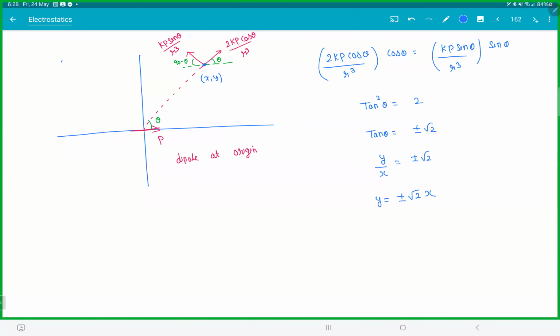So basically we have two lines like this. So this line and this line. Any point on this line, the field will be in the vertical direction. One is plus j cap and one is minus j cap. Clear? Basically two straight lines. So any point on those lines will have a horizontal component of 0.